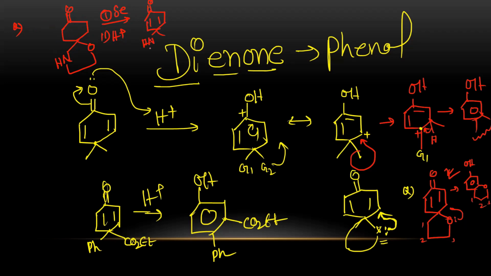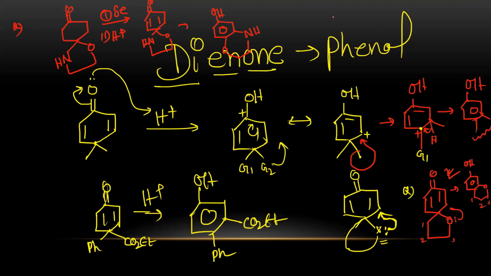Now, which group will migrate? Oxygen or nitrogen? Nitrogen. So our product will be OH, aromatic ring, oxygen, NH, like this.